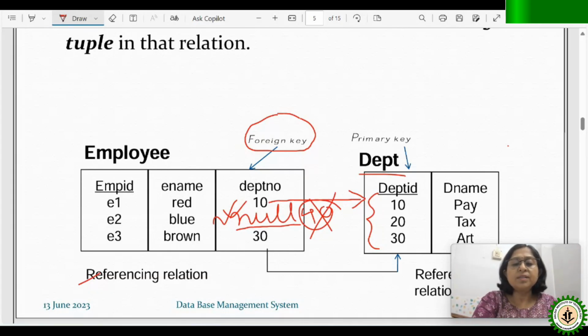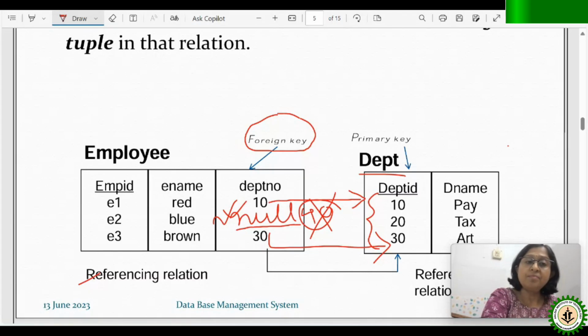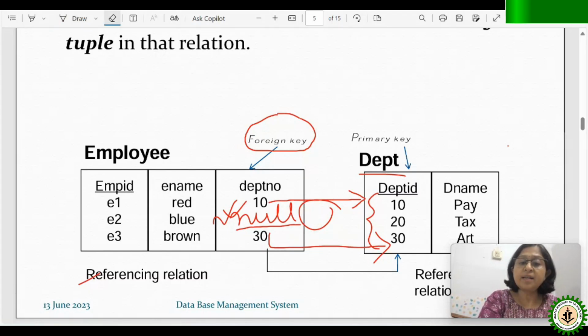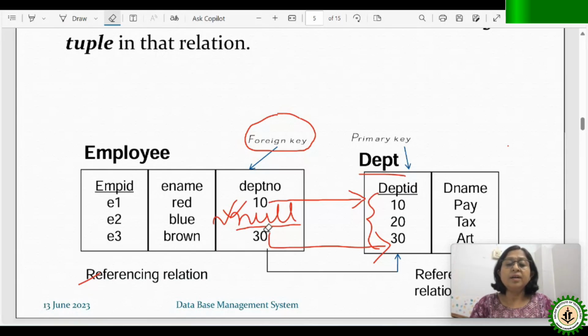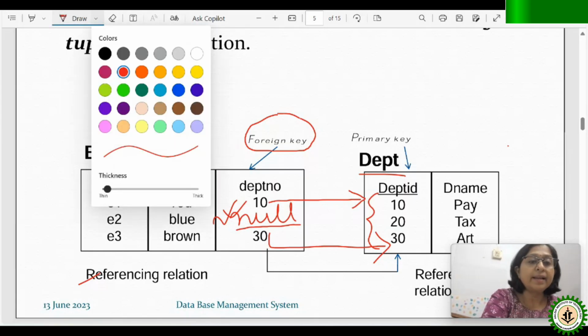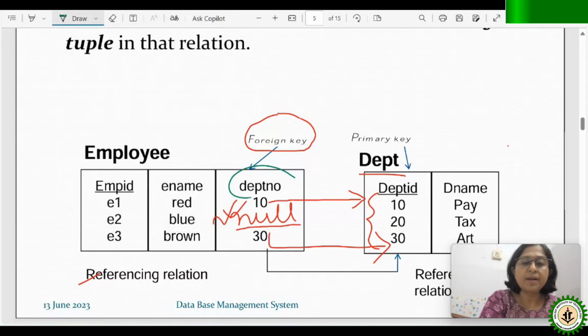Now, for this 30 also, it is absolutely correct. It is referencing to some existing tuple. Yes or no? Yes. So here the case is this, we can tell the department number in employee table is a foreign key.